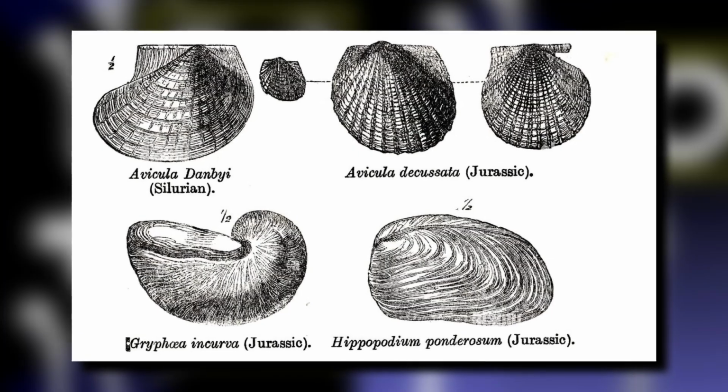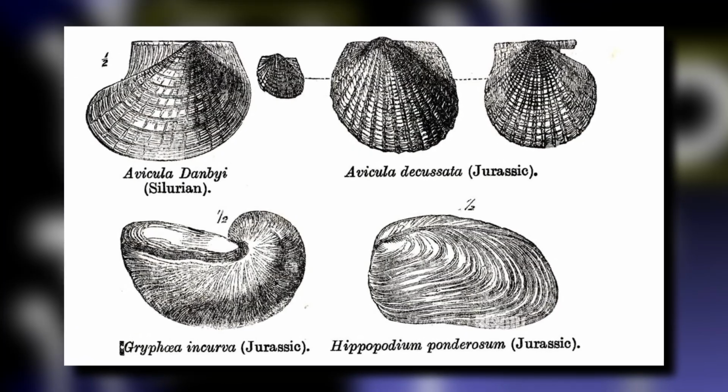If you see all the Paleozoic lamellibranchs, they are mostly equivalve. If the valve size is unequal, then this conflict can be resolved. So, you can see the dominance of Mesozoic lamellibranchs, which are inequivalve.